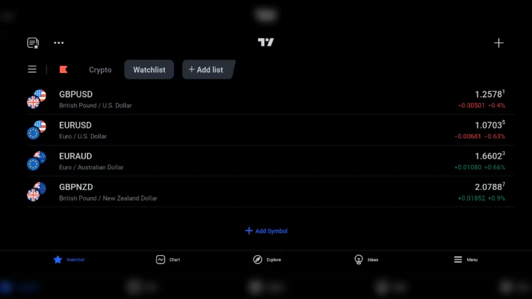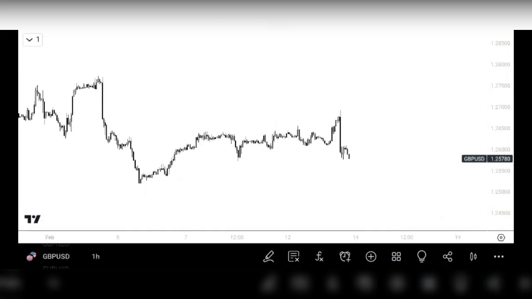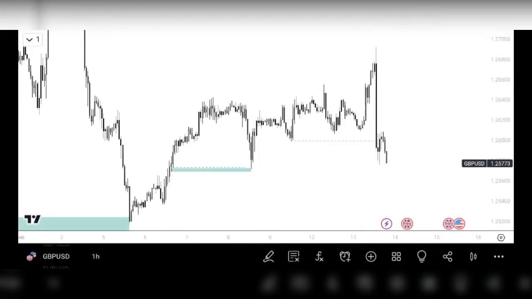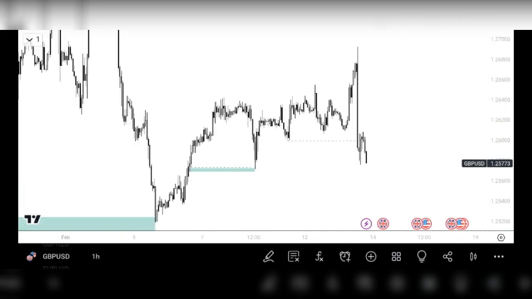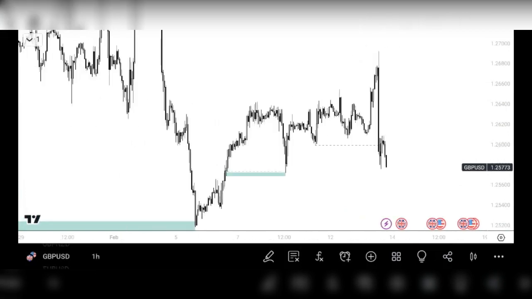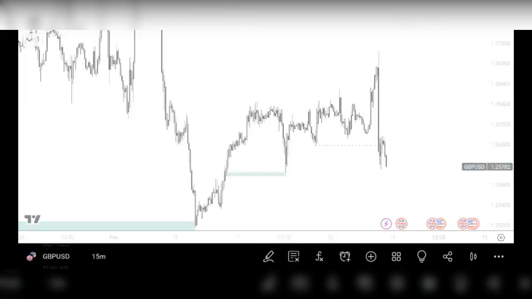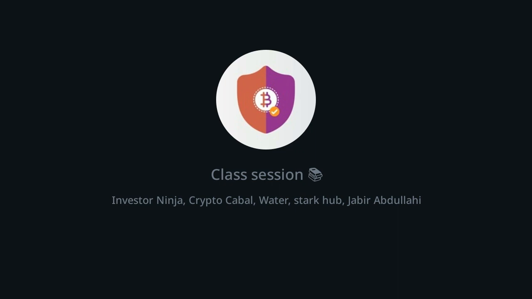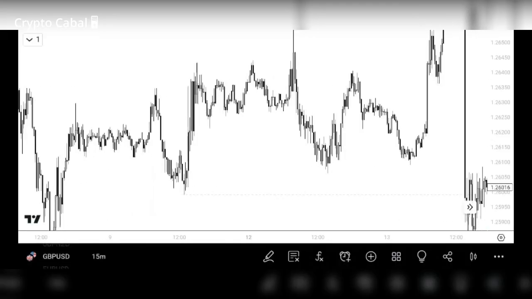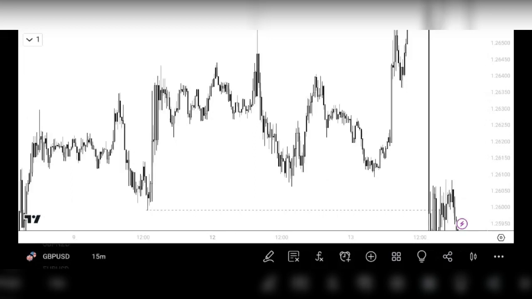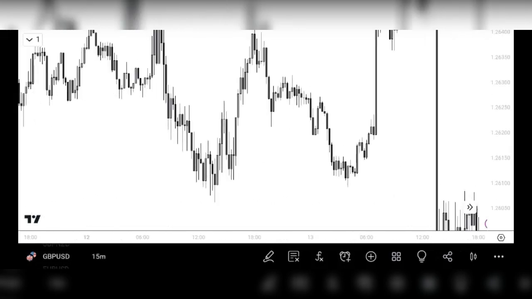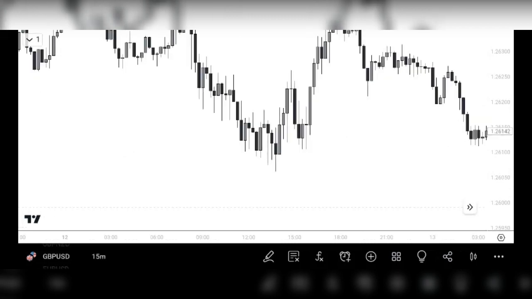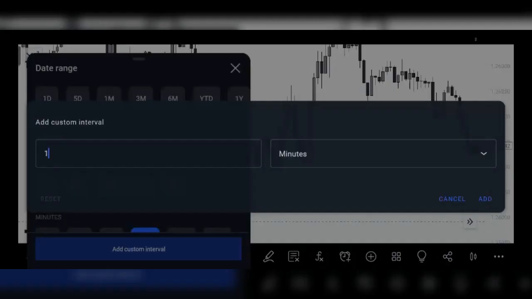I also have something on GBP/USD. I sent it to this group earlier on. If you take a look at this, you will be asking how I got that trade in the morning. I was on my charts, right? Look at what happened on GBP/USD. It's the same thing that happened on EUR/USD.